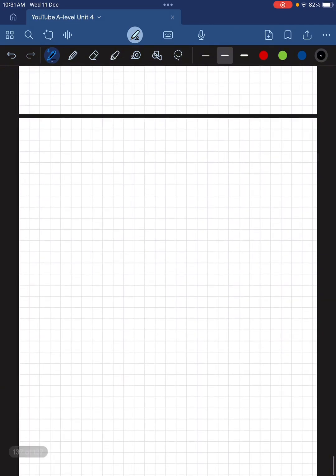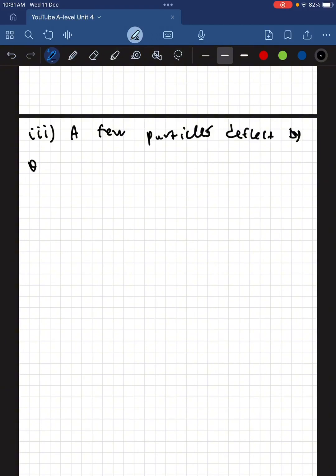And then the third observation is that a few particles deflect by theta larger than 90 degrees, okay?